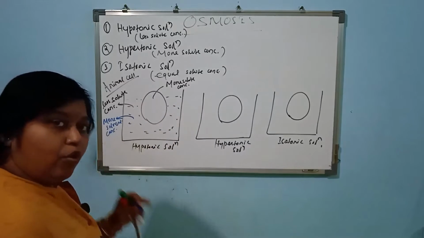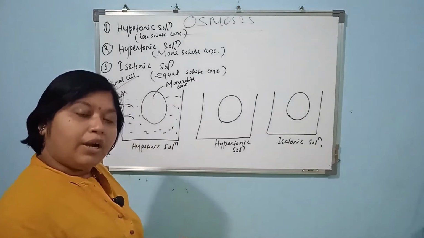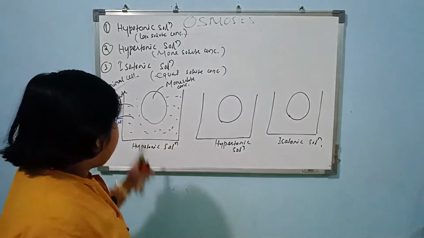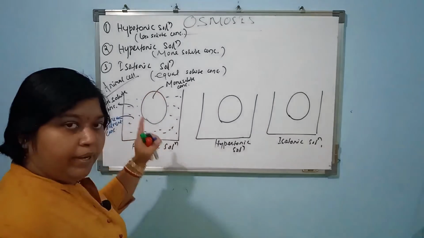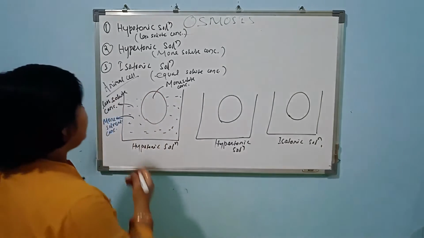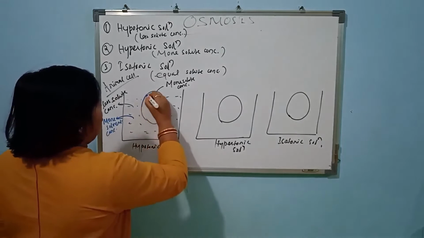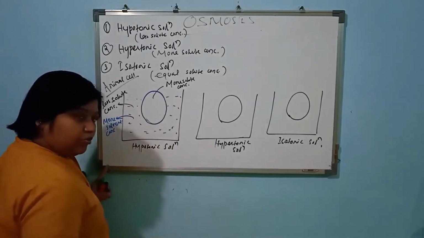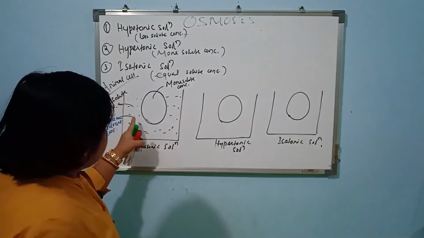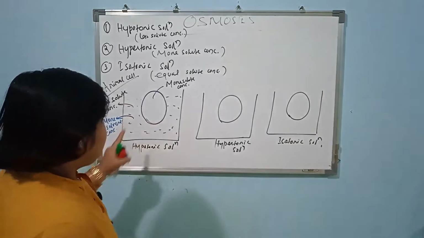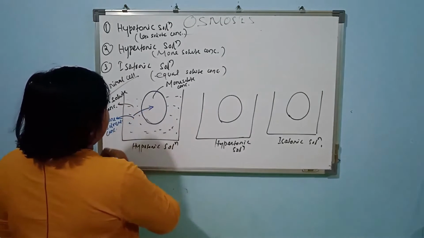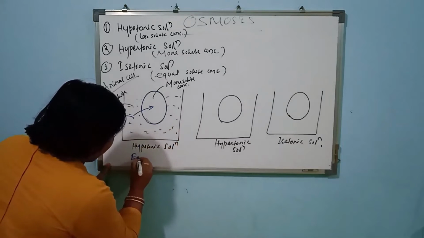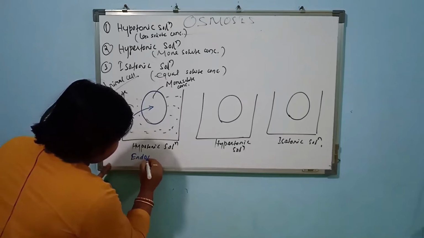So what will happen in the osmosis process? Solvent or water molecules will move from higher concentration to lower concentration by passing through a selectively permeable membrane to achieve equilibrium. So in this case also, the water or solvent present in this hypotonic solution will move from outside to inside of the cell. So the solvent will move inward to the cell, and here the endosmosis process is occurring.